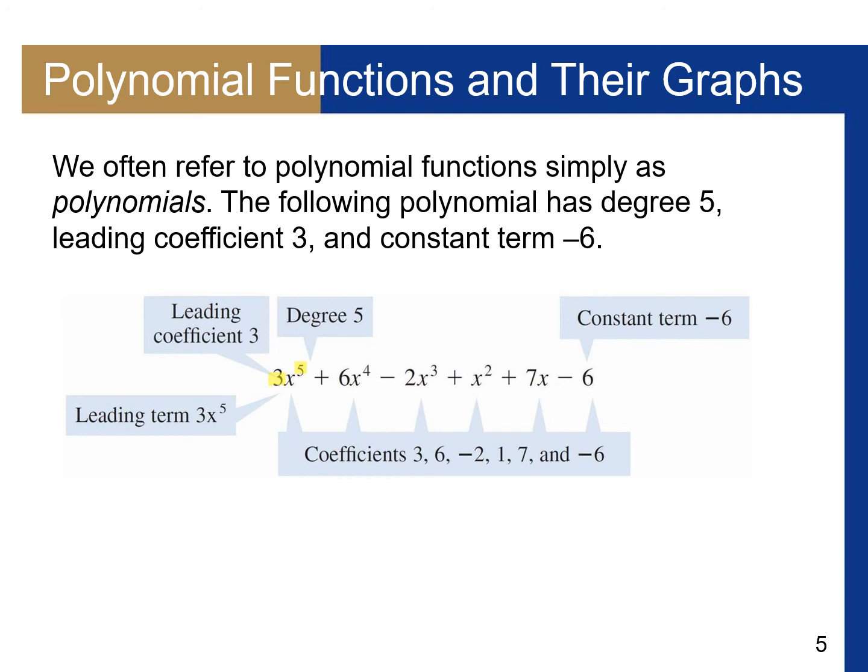The leading term would be this entire term, 3x to the 5th. And here it shows you the other coefficients, which would be 3, 6, -2, 1, 7, and -6. And finally, that constant term is the one that you don't see an x in, and that would be -6.